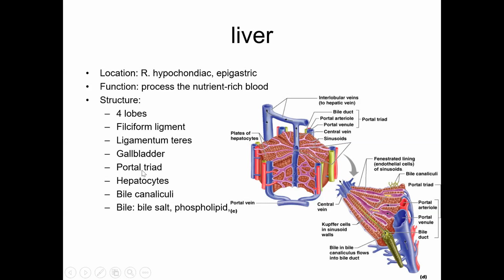And if you look at the microscopic structure of the liver, each lobe is made of hundreds of structural units. It's a lobule structure. Each lobule looks like a six-sided structure.